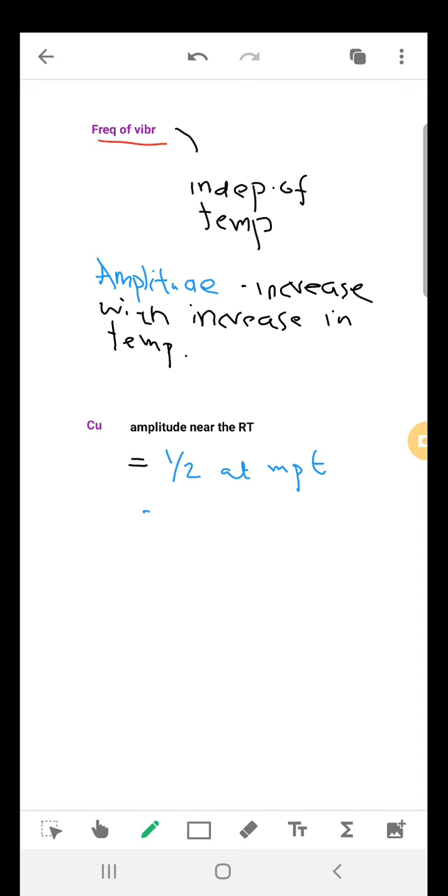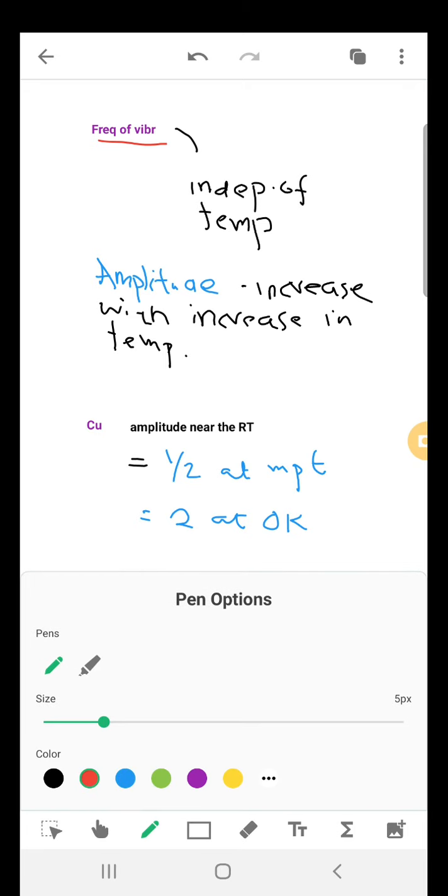And it is again interesting, it is twice the value at 0 K. So this is one of the observations, and this is for copper.